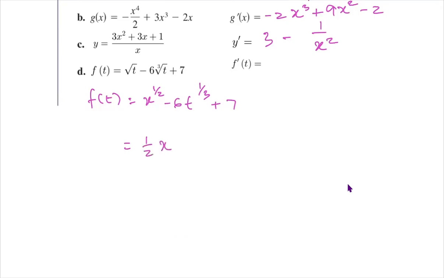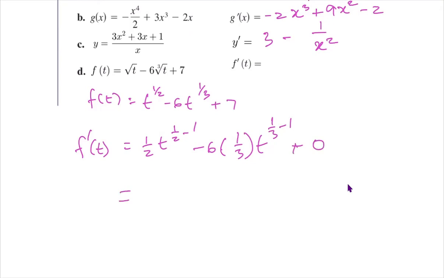The derivative f prime of t is 1/2 t to the power 1/2 minus 1, minus 6 times 1/3 t to the power 1/3 minus 1, plus 0, right?